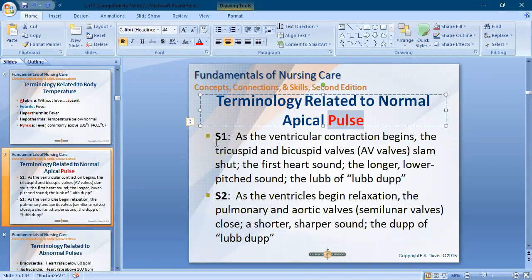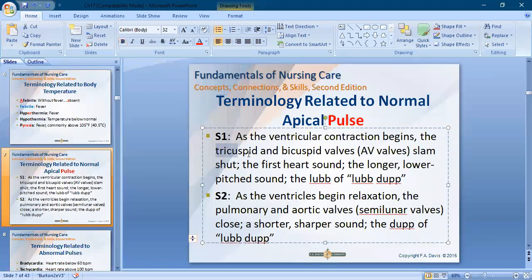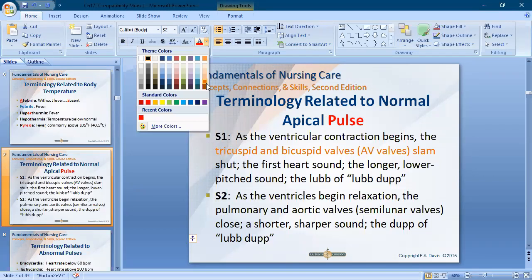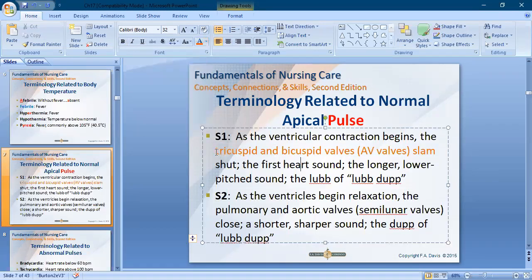S1 is produced during tricuspid and bicuspid valve closing. Tri means three cusps, bi means two cusps. So when these two close, S1 is produced.